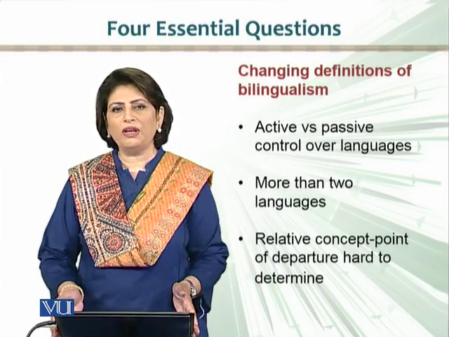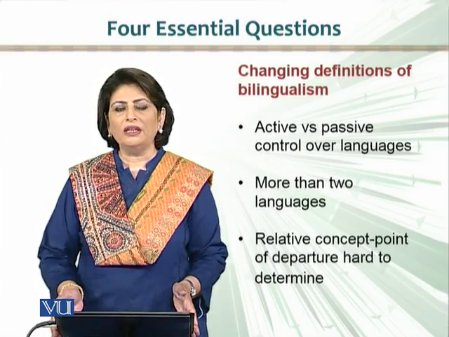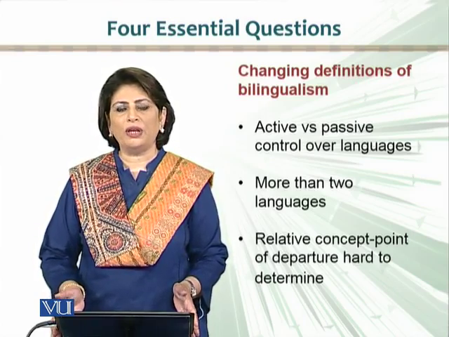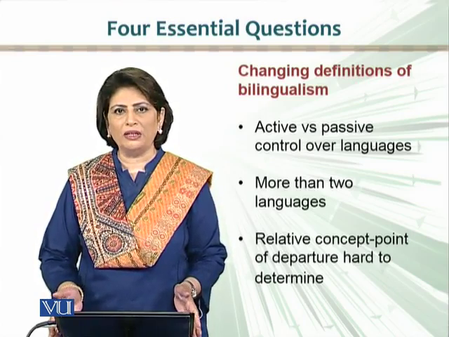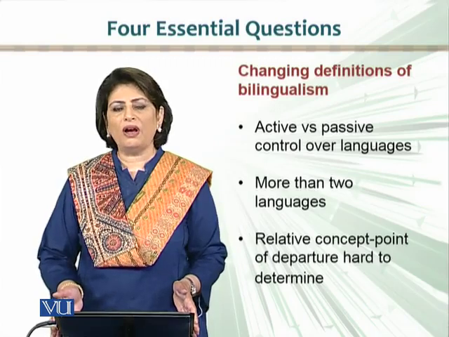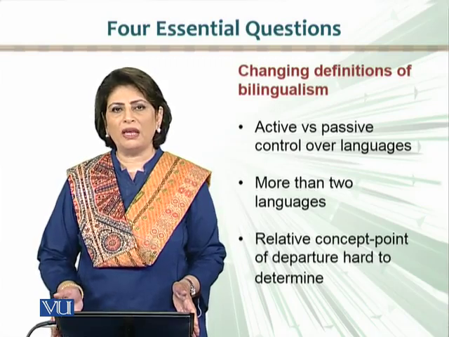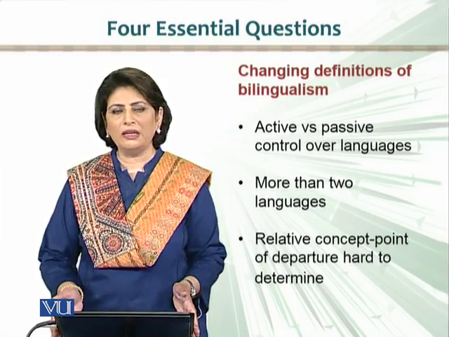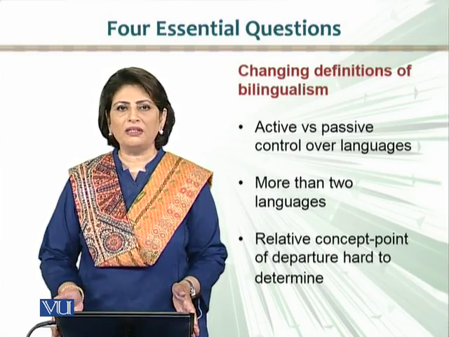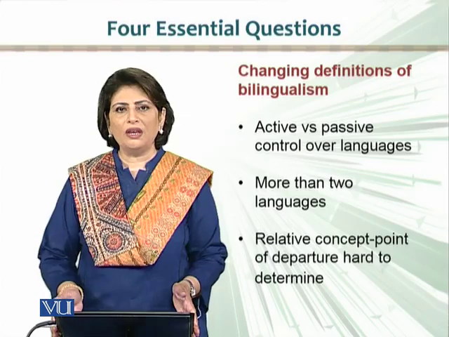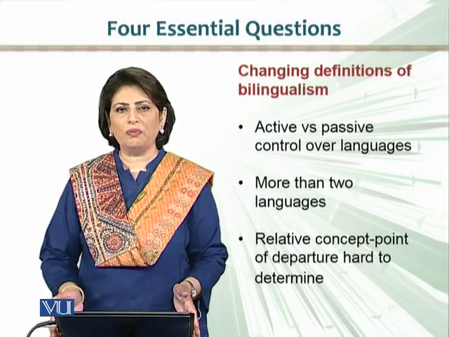Now, the point we are making is that although we need to narrowly define bilinguality, whenever we are trying to research bilingualism or bilinguality, one needs to keep in mind that what we are researching is only true for that moment.